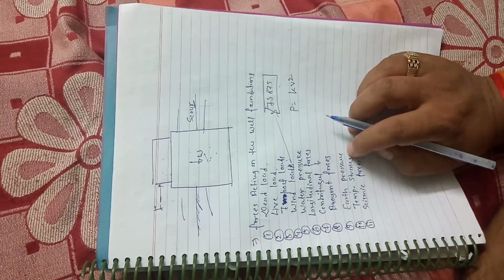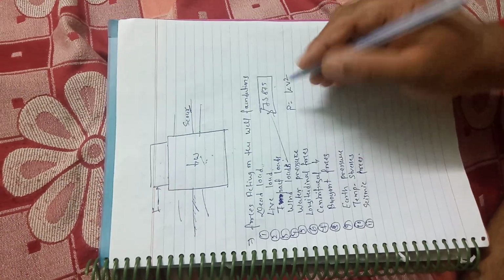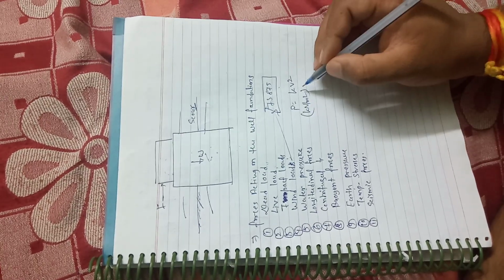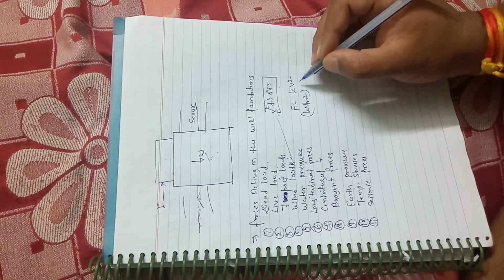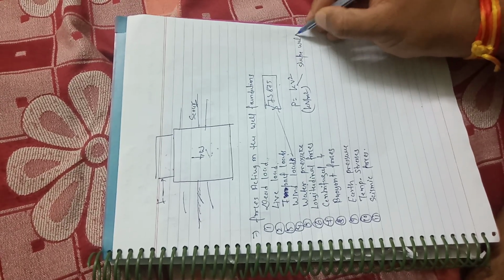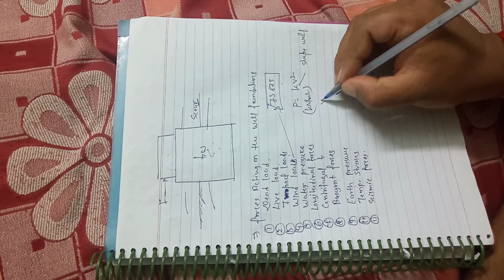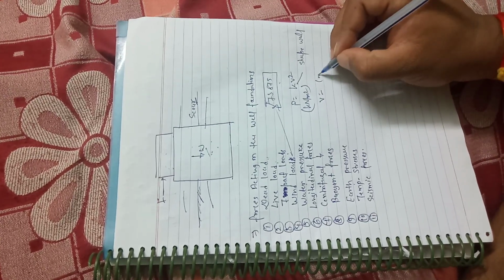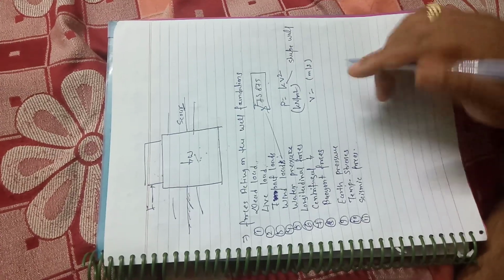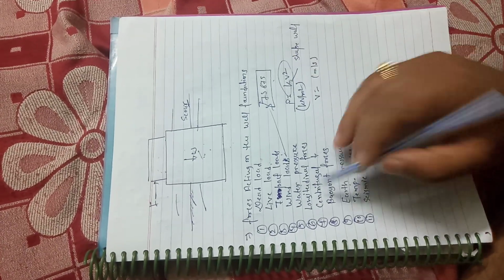Here P is the intensity of pressure in kilonewton per meter square, and K is the constant depending upon the shape of the well. V is velocity, in meter per second. From this formula we can easily calculate the water pressure.